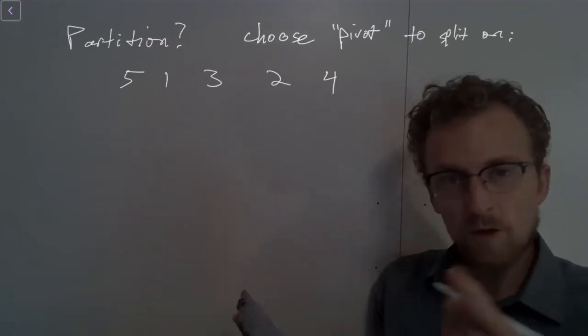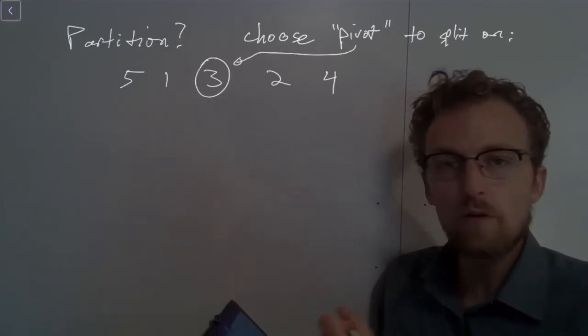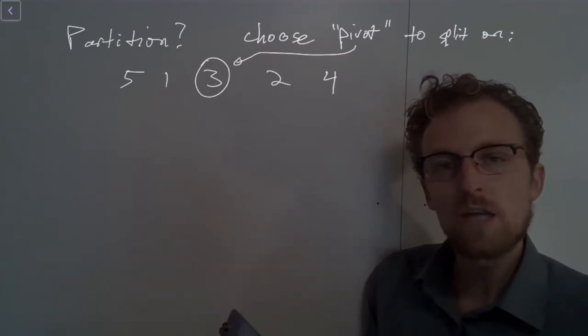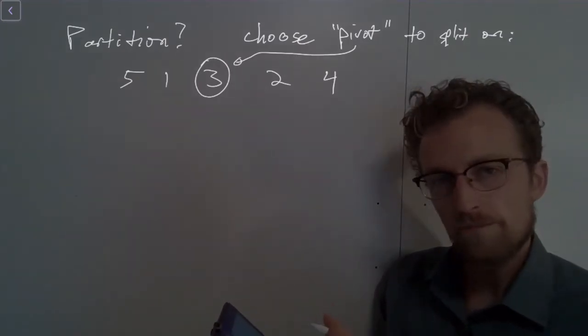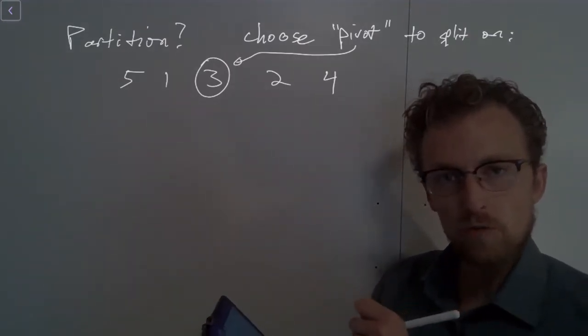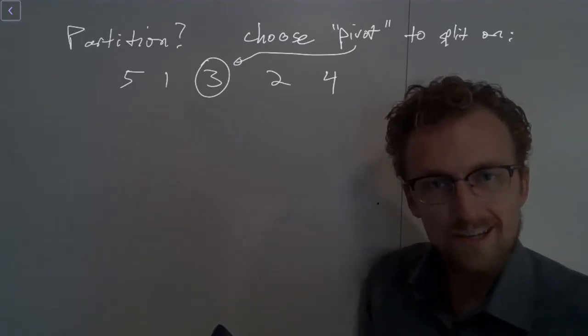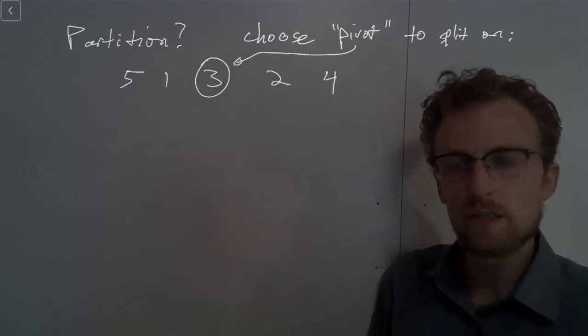Suppose, for example, we chose 3 as our pivot. There's no guarantee that what we choose happens to belong in the middle. But suppose we chose 3 to pivot. Then the partition function would say, I'm going to put 3 where it belongs, and make sure that everything less than 3 is to its left, and everything greater than 3 is to its right.